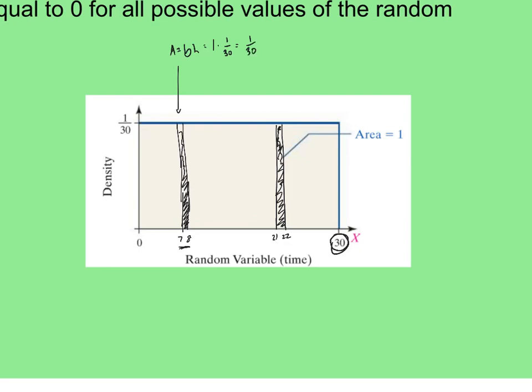Then we apply that to probabilities. The probability that my friend is between 7 and 8 minutes late is the area of that rectangle, 1/30th. It's also the probability that they're between 21 and 22 minutes late. So the two different outcomes are equally as likely, because we have a uniform distribution. Now, probabilities are not always uniform. We'll look at other distributions in a little bit, but this one is a uniform distribution.